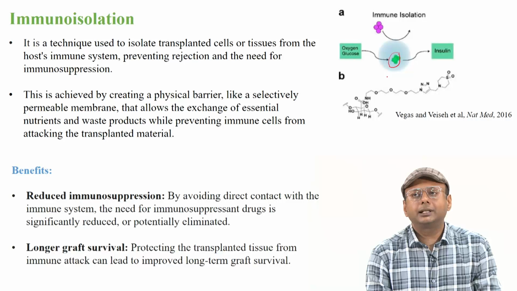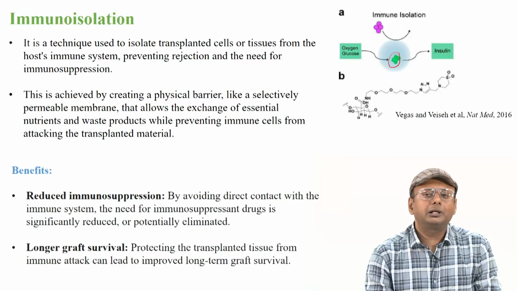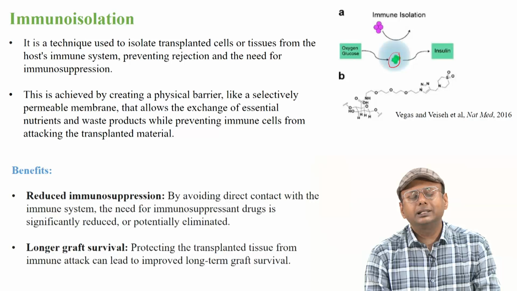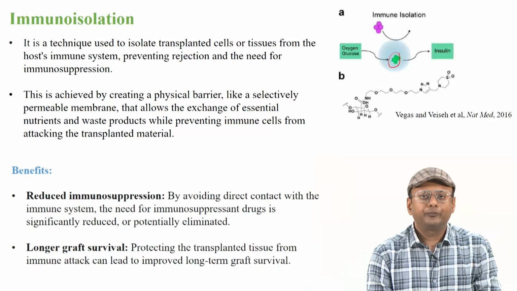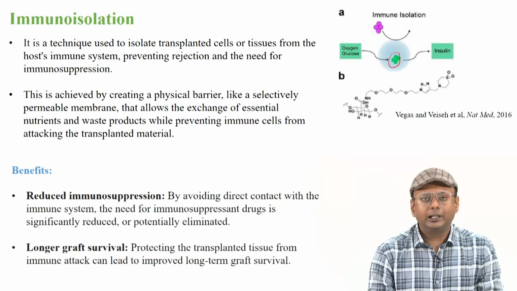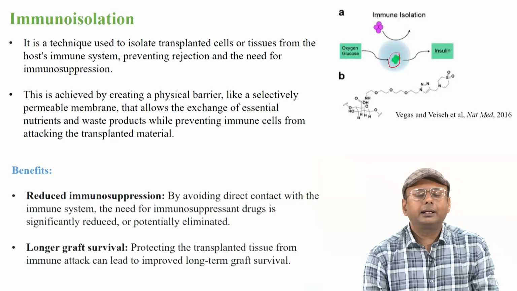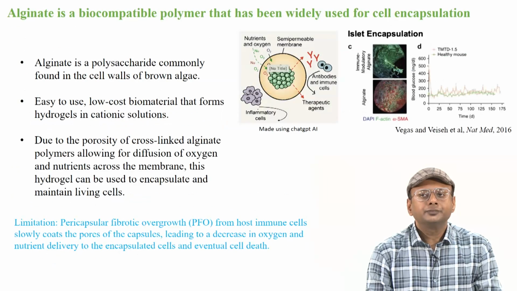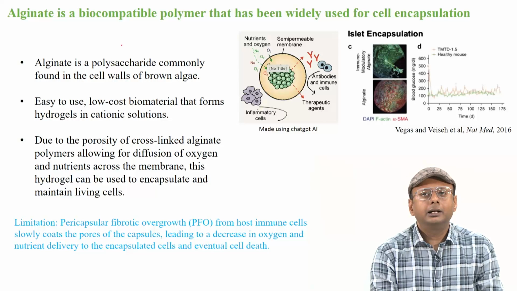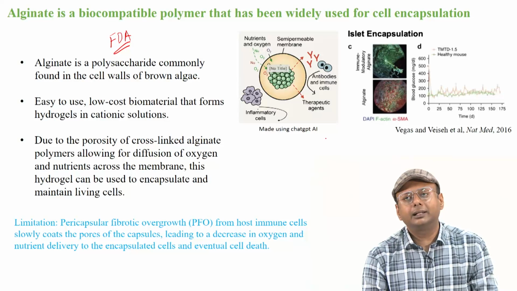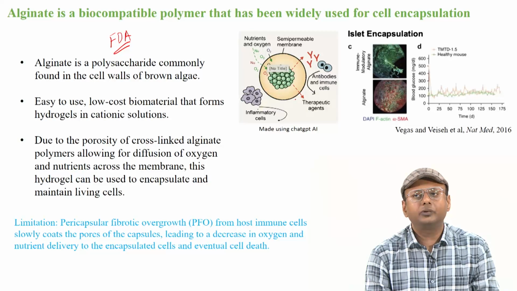Also we have to ensure that the fibrotic response is reduced and mitigated, so that our body's host immune response cannot develop a thick tissue based layer to cut off the whole system from the body. So in this way we can manipulate our body's immune system and create an immune isolated layer, mostly by alginate polymer. This is already an FDA approved polymer that has been used significantly in the last several years to deliver the therapeutic cells.